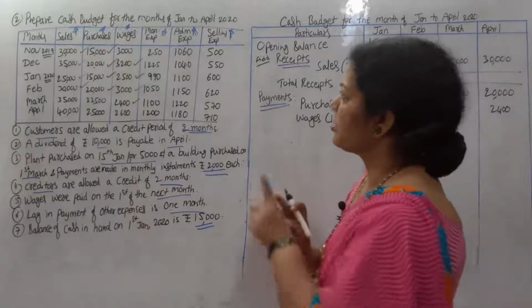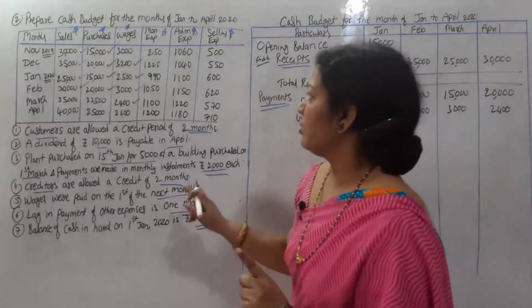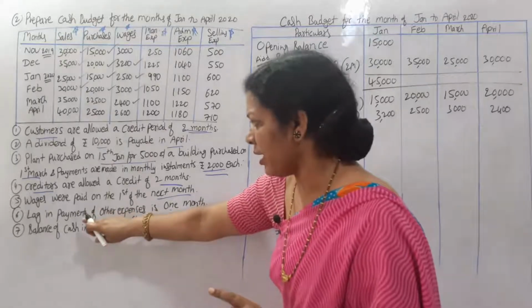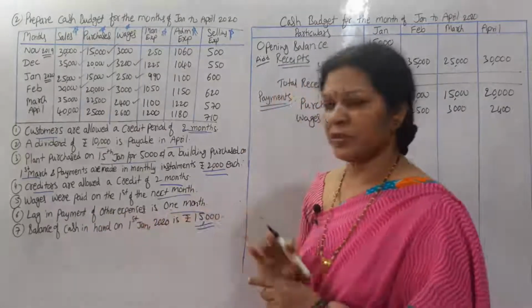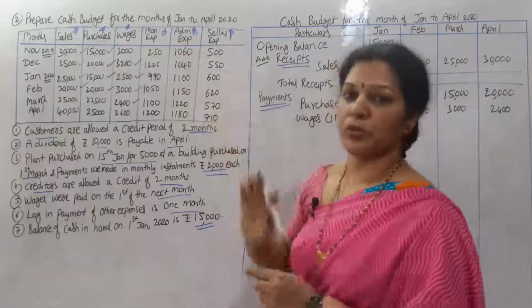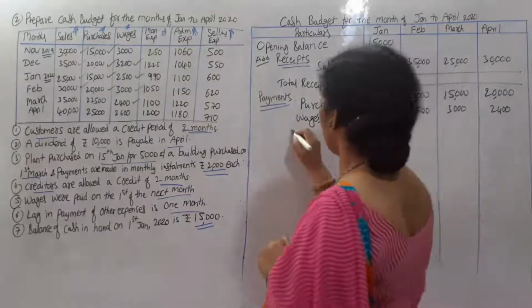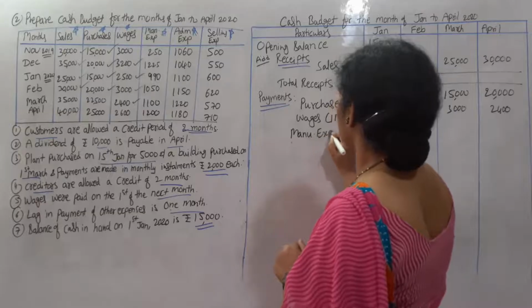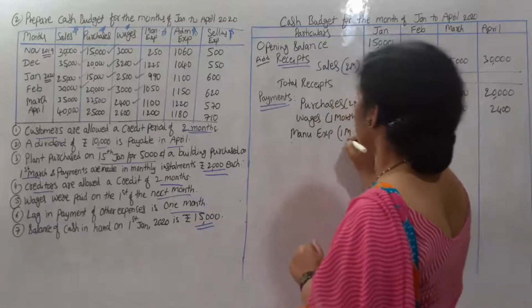Over. Next, manufacturing expenses. They said lag in payment of other expenses is 1 month, which means all these expenses also have 1 month delay. So now manufacturing expenses, 1 month.